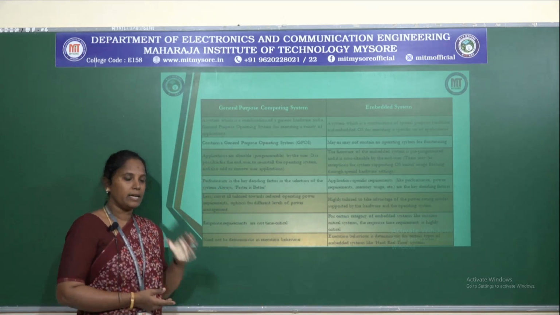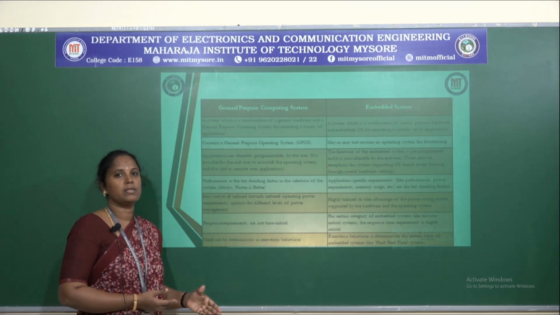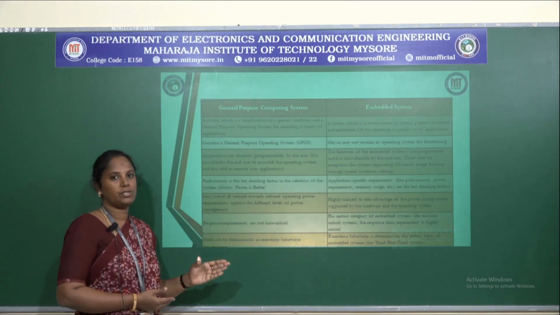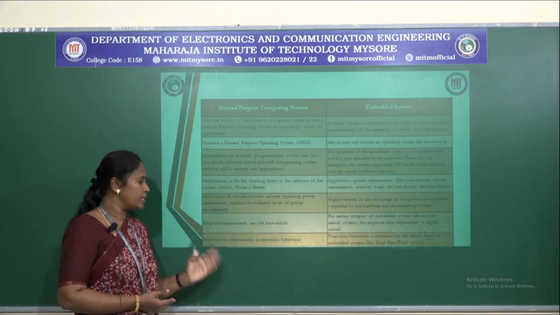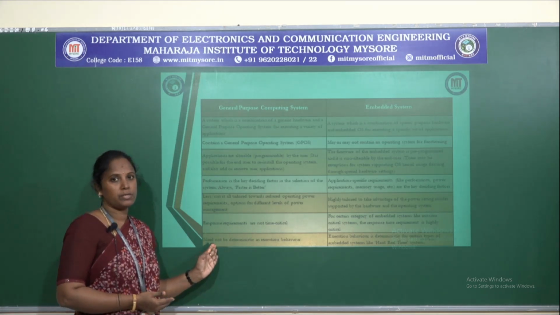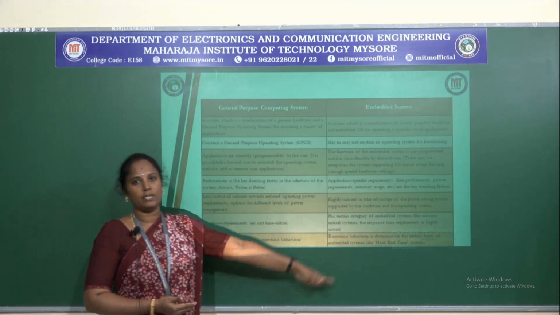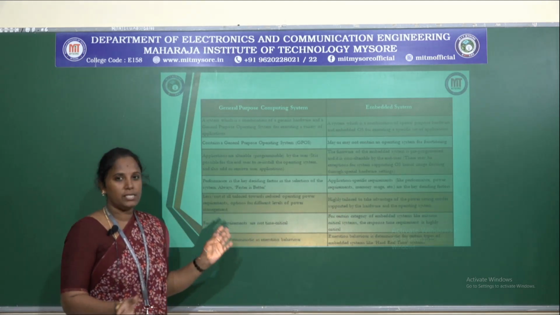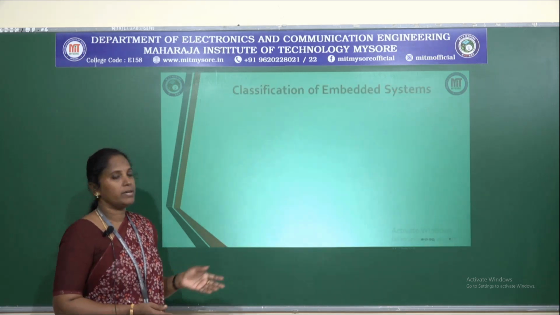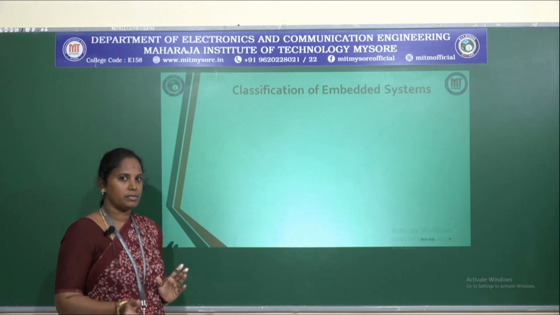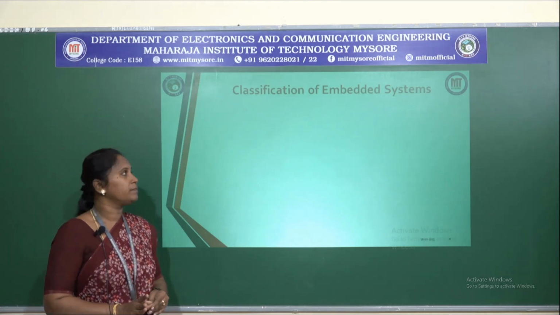That means it has to perform its operation, because missing any particular event is going to cause damage. So that's why in general purpose computing system it is not deterministic, but in case of embedded system it has to be deterministic. So these are some of the points where we distinguish your general purpose computing system with respect to your embedded system.